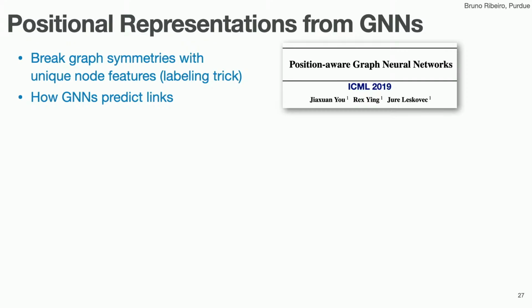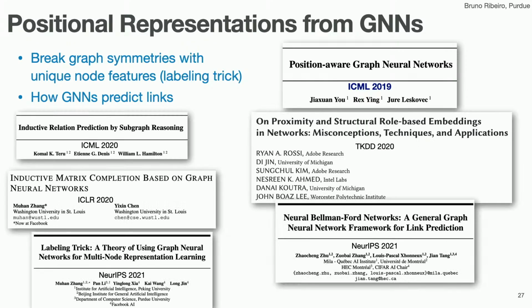And essentially, in all the works that came after, the basic idea is that you put some special feature on the nodes to break the symmetries and then be able to predict links. Okay? And nowadays, this type of notion is called labeling trick.